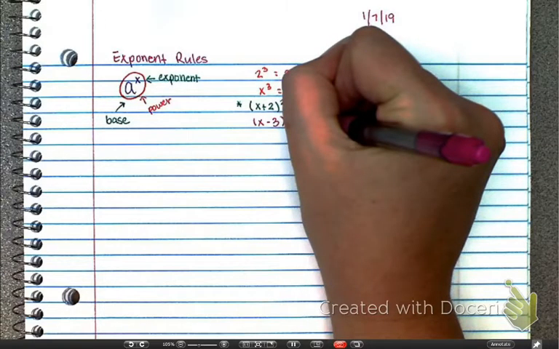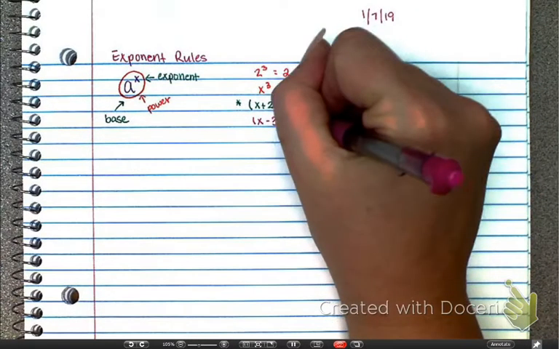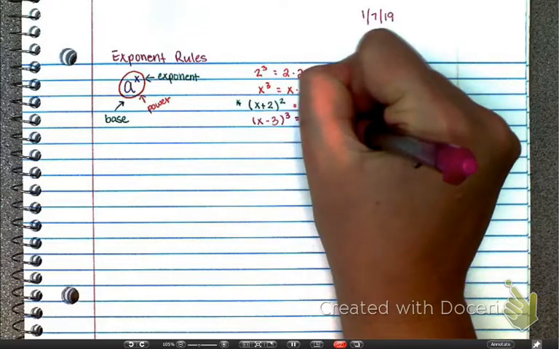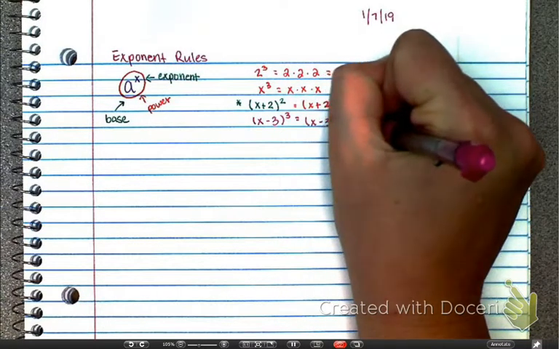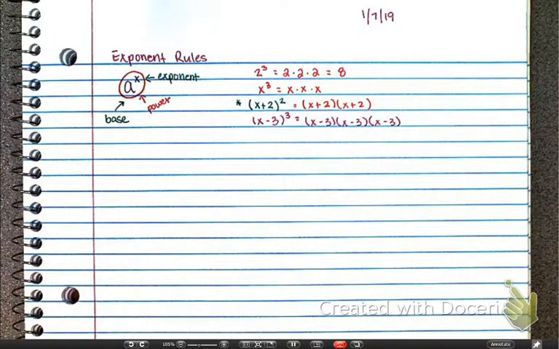What does that mean? There we go. X minus 3 times x minus 3 times x minus 3. Okay, so it's taking your base and multiplying it as many times as your exponent tells you to.